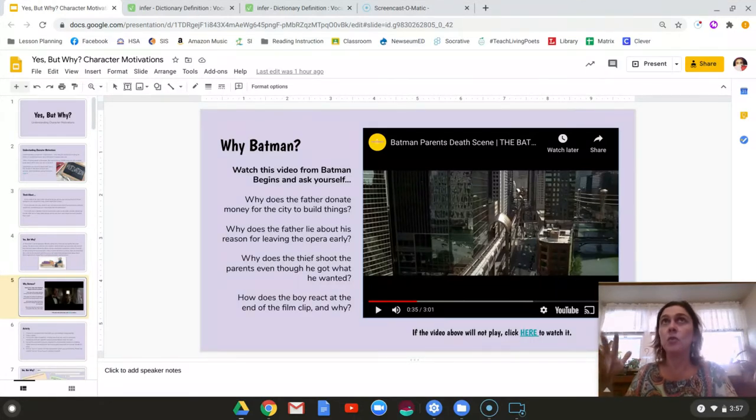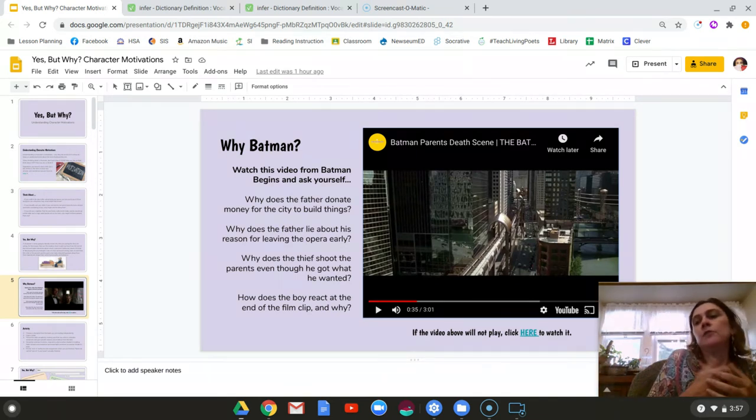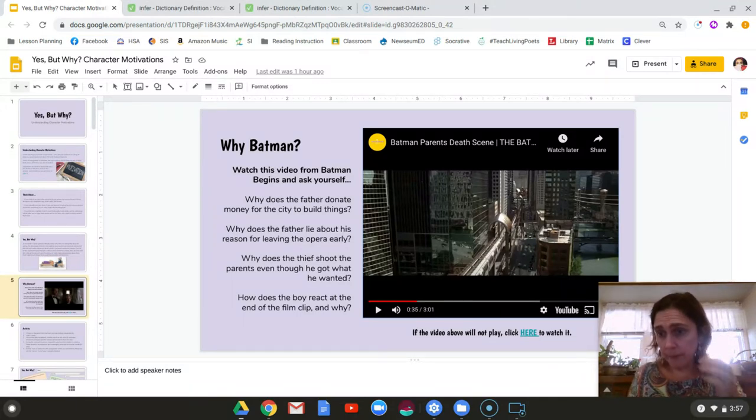Tons of money. Nobody has their name on a giant tower in the middle of a city if they are not loaded, right? So what we can infer from this about the dad's character is that he is a really generous person and that he wants to help make the world a better place by giving back to the community that he believes helped build him. Okay? So his motivation, he wants to make the world a better place.